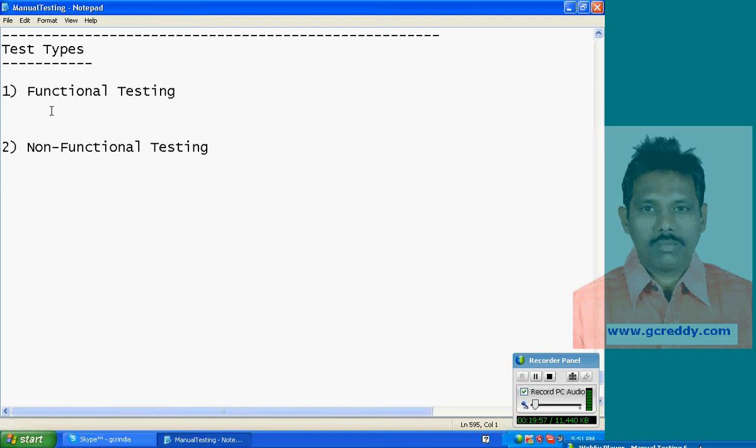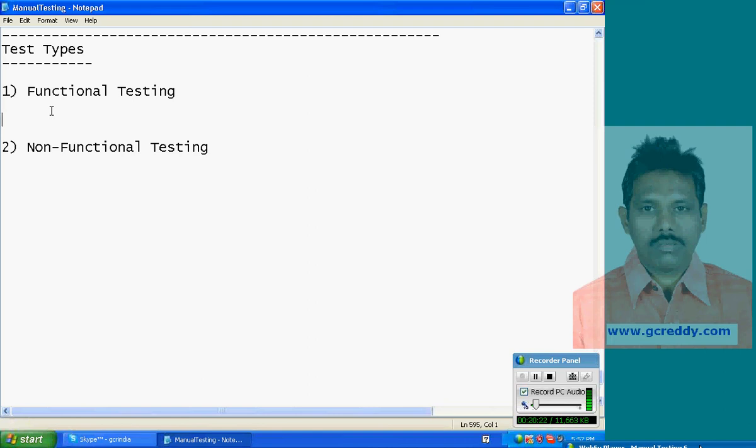But functional testing can be applied in all levels, another name, phases. Test level or test phase. All test levels.